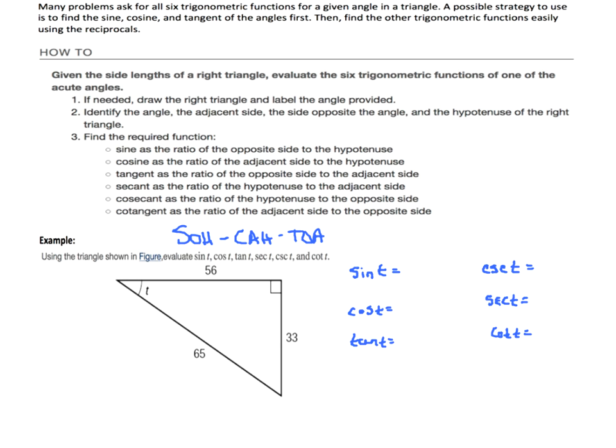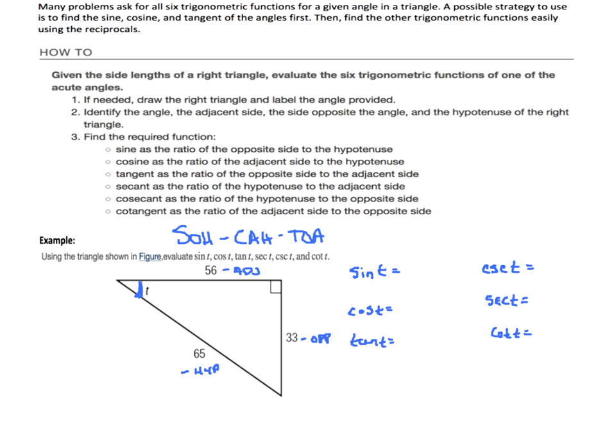Okay, so here's my angle t, which means 33 is opposite, 56 is adjacent, and 65 is the hypotenuse. The sine is the opposite over the hypotenuse.